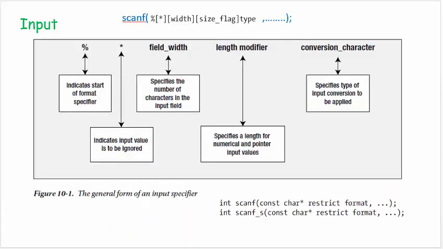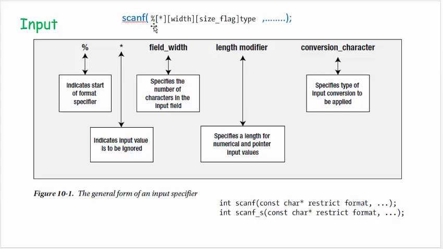Let's look at collecting input from, in this case, our keyboard. Now we can get input by reading from a file as well, which we'll learn about soon. So we've been using the scanf. There's also an fscanf, but we're just going to talk about scanf right now. They're very similar.